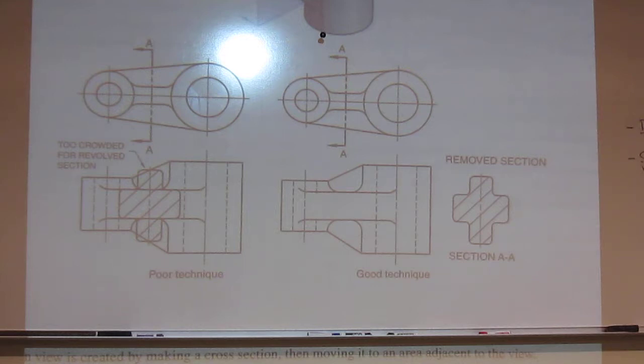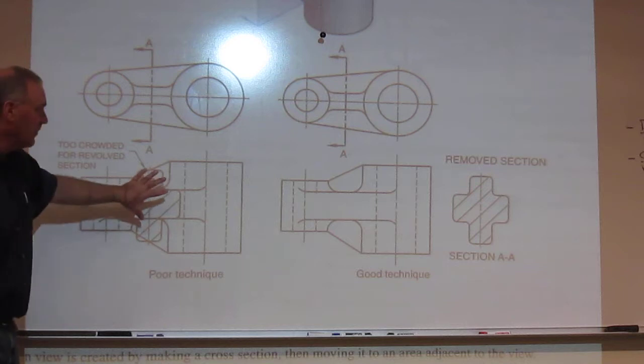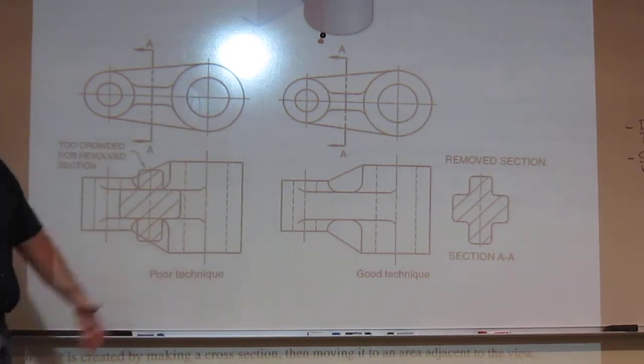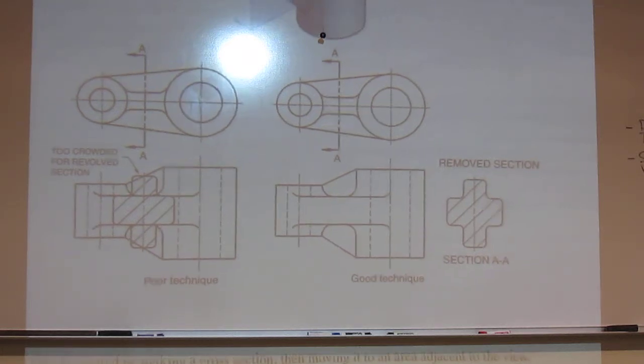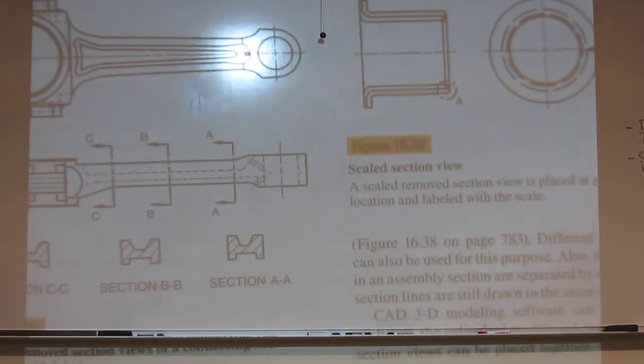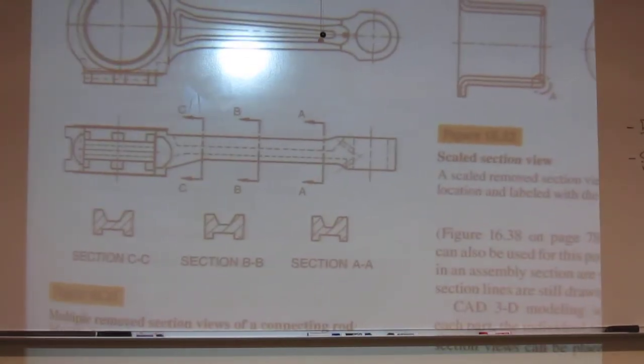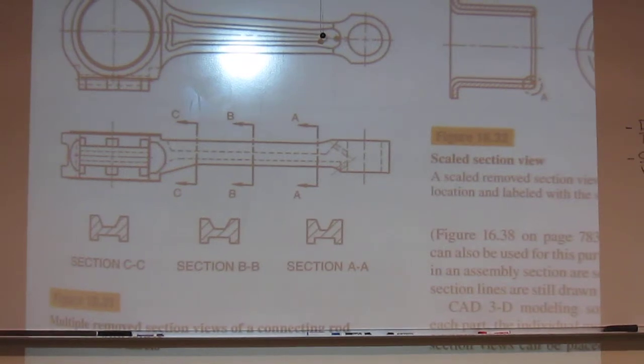In essence, it's the exact same process as the revolved view. We just don't have enough room to put it here, so we're going to pull it out. Cutting plane line works the same way except for the A's, or B's, or C's. Again, another really good section for structural pieces that we can't get in to see.